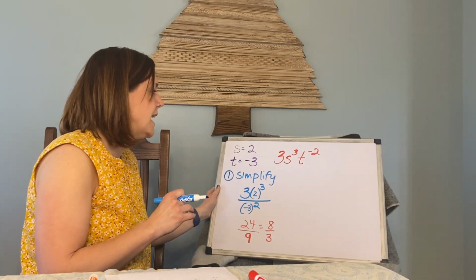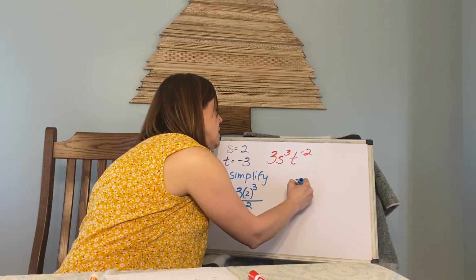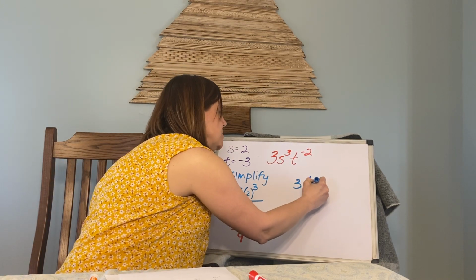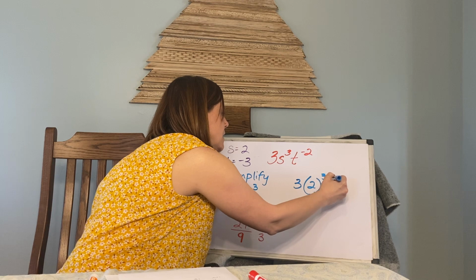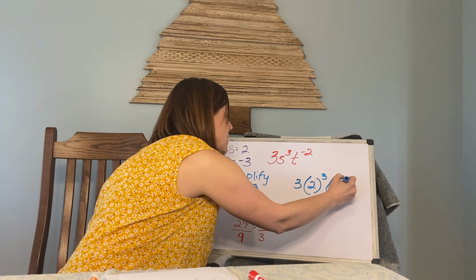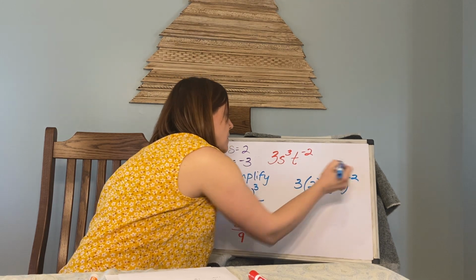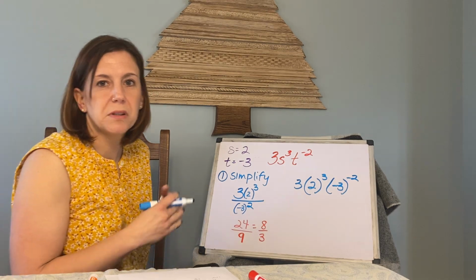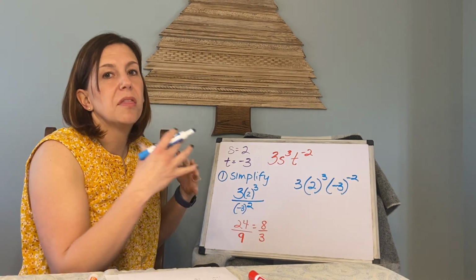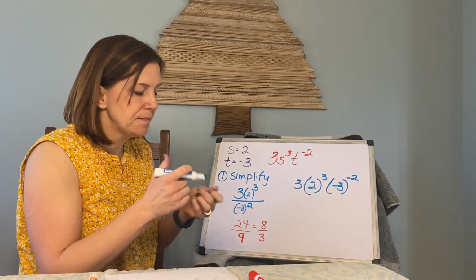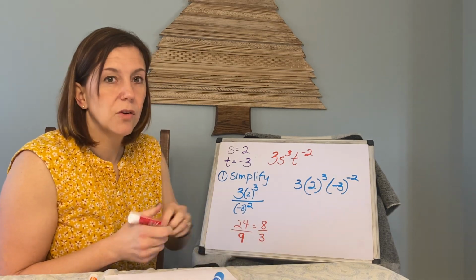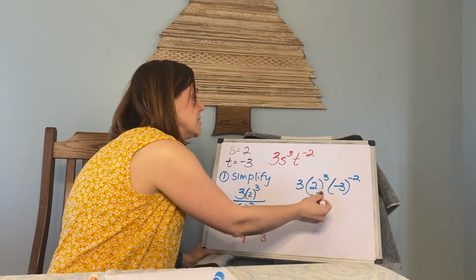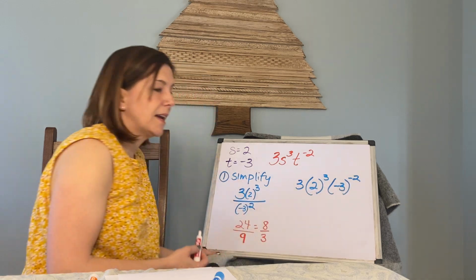I'm going to take that 3, my s is 2, so see how I'm plugging in the values first, then I'm going to clean it up. So what I'm going to do here is negative 3 to the negative second power.